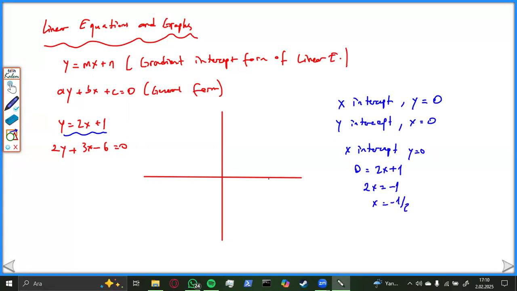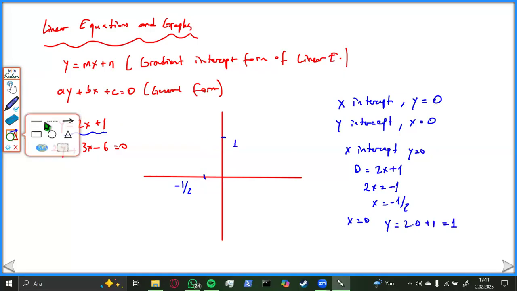This is the x-intercept of that line. Now the y-intercept: x is 0, so y is 2 times 0 plus 1, and it is 1. The y-intercept is 1.